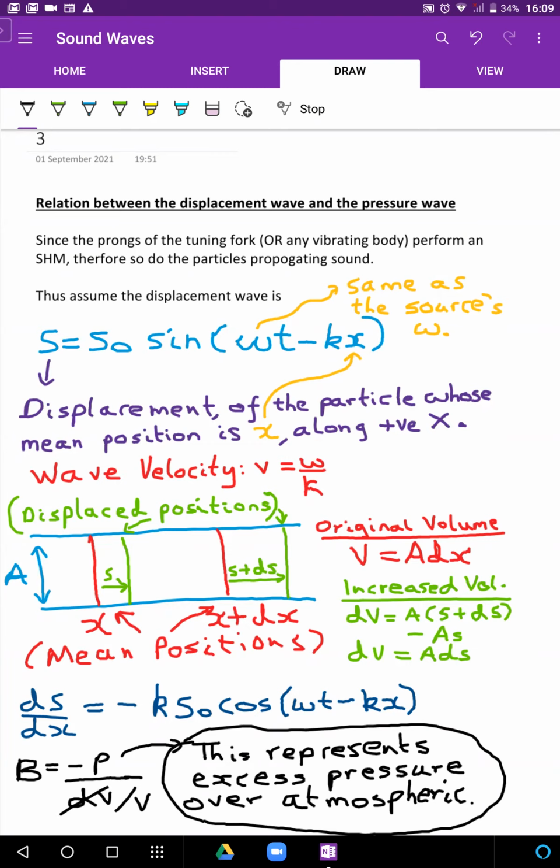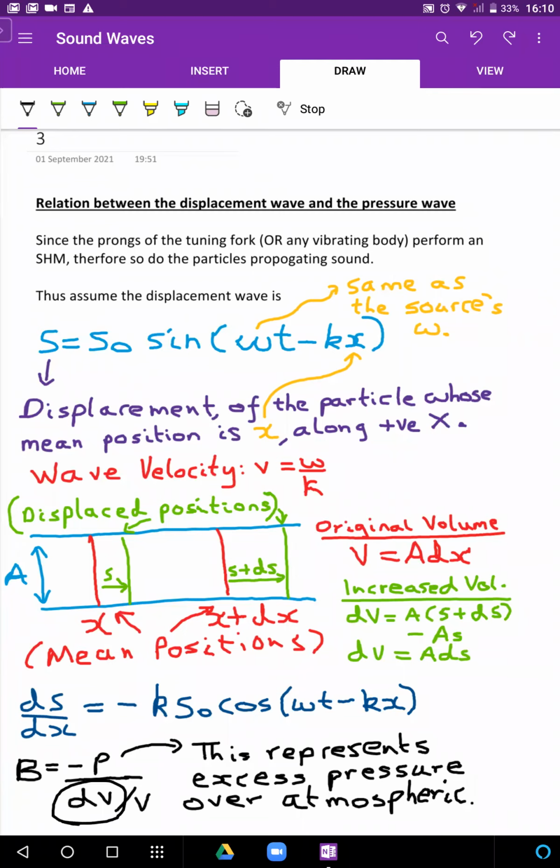When dV is 0, P is also going to be 0. That doesn't mean pressure is 0 here. It just means when there is no change in volume, your pressure is the normal atmospheric pressure, no compression or rarefaction. When there is compression, dV is negative, so P is positive, meaning pressure increases. In rarefaction, dV is positive, volume increases, and P is negative.